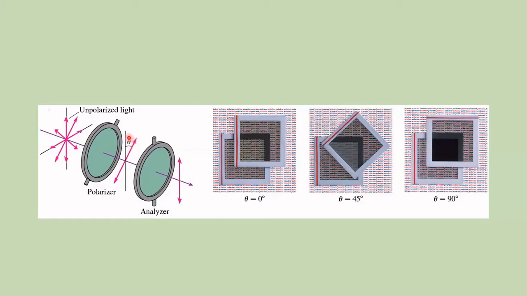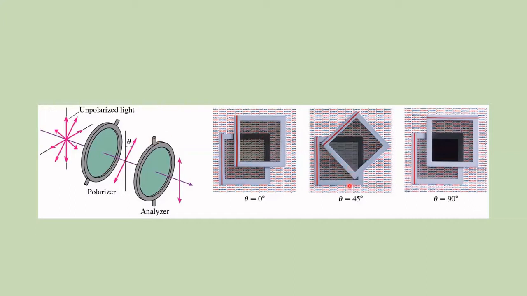So do you see what's going on in this picture? This angle here, theta, that's the angle between the vertical and this direction. And the vertical just happens to be the axis of the analyzer. So theta is really the angle between the two axes of the two filters.